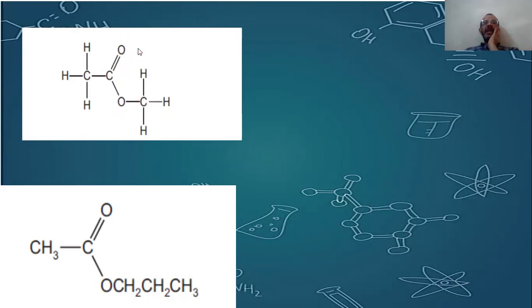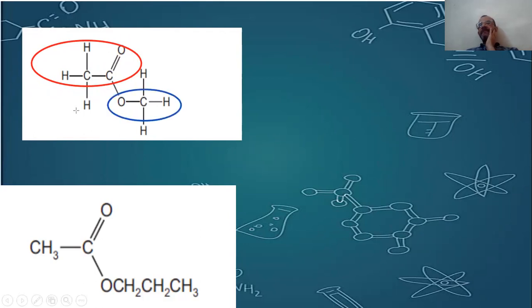Where is the part that comes from the acid? This one comes from the acid, with the double bond. Where is the part that comes from alcohol? This one comes from alcohol, joined to oxygen with a single bond.